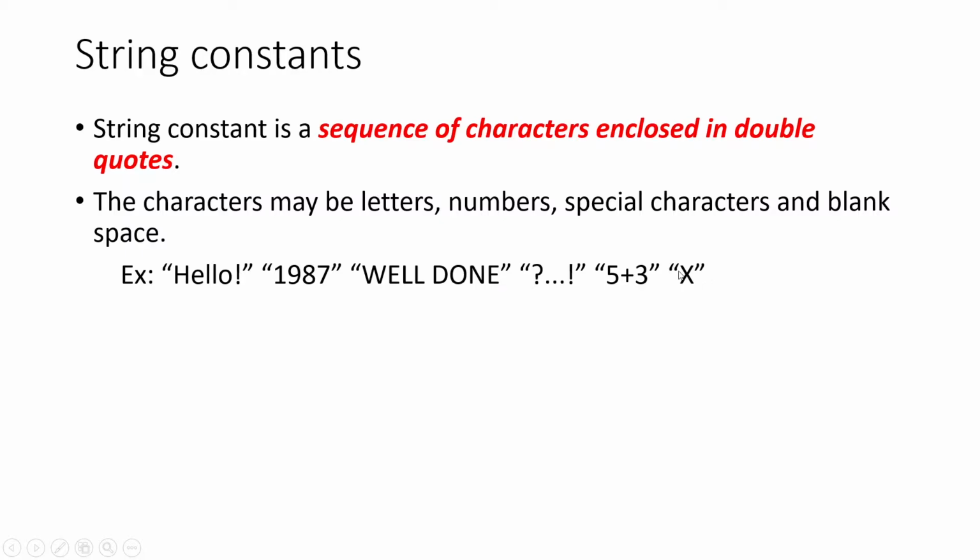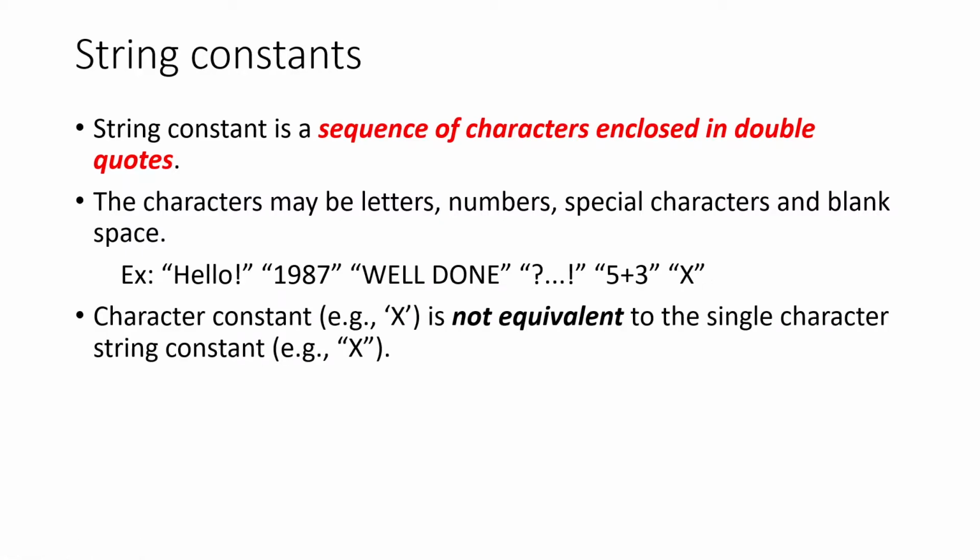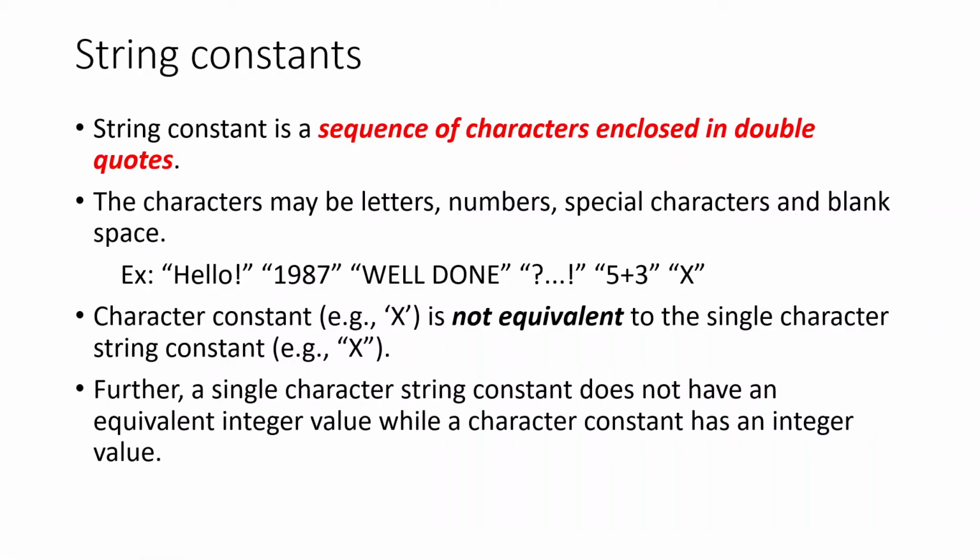But if we write it in single quotes, it will be a character constant. Okay, a character constant is not equivalent to a single character string constant. Okay, this is an important point you should understand. Then a character constant has an ASCII value.